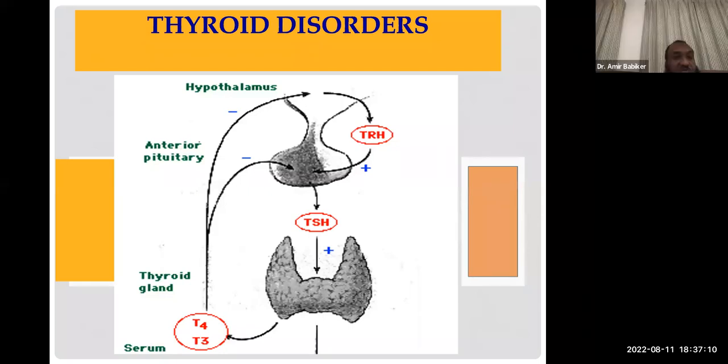You need to make up your mind about how the questions will be. Endocrine is a tough subject for them, I think. I don't know what is their impression. Do you think it's tough or easy? How do you feel guys? Tough. Yes, tough. Some people said easy, but tough means thinking.